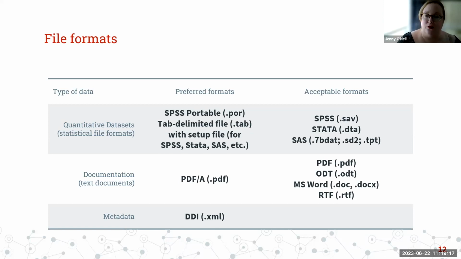With SPSS, we don't own the rights to the standard, I suppose, or the software. So it makes it a little bit more difficult in those cases to make sure that we can maintain access to the data. So it's just worth thinking about the file formats that you're going to be generating.